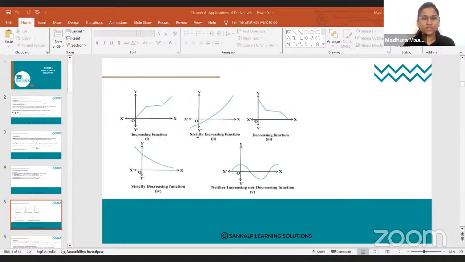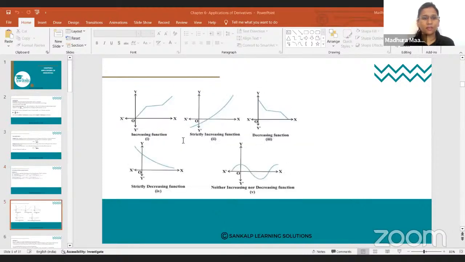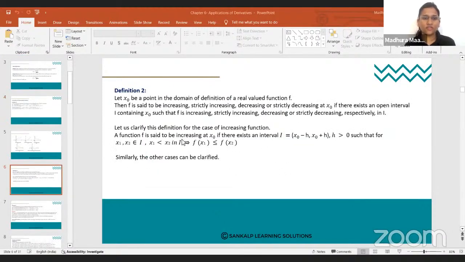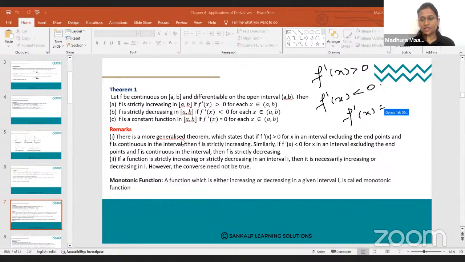Sometimes it is not feasible to use these conditions, so we saw Theorem 1. It says the function is strictly increasing if f dash of x is greater than 0, strictly decreasing if f dash of x is less than 0, and if the derivative is 0, the function is a constant function.